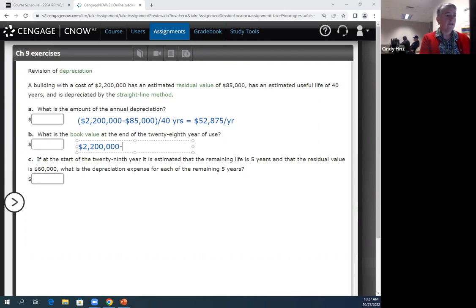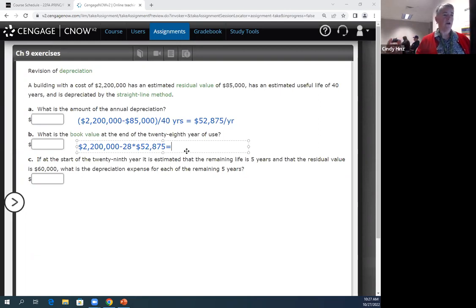And so at the end of the 28th year, we start again with that original cost of 2.2 million, but we have subtracted from that 28 full years of depreciation, 28 years of recording $52,875 per year. So we have recorded as expense $1,480,500.